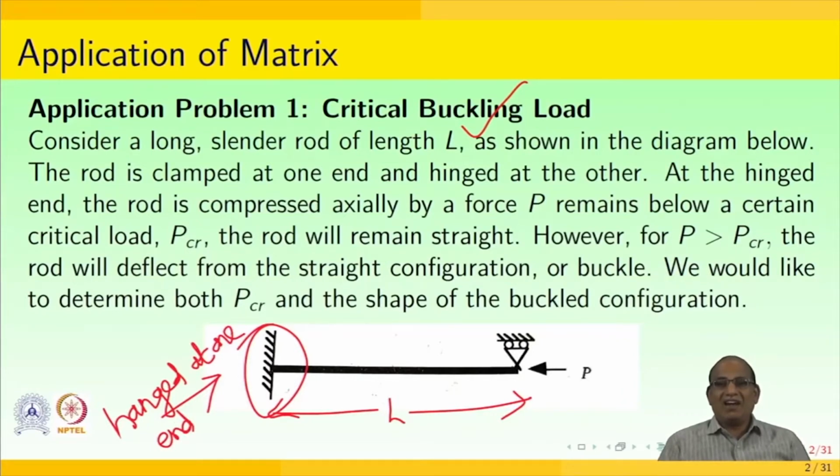At the hinged end, the rod is compressed axially by a force P. If P remains below a certain critical load, P critical, the rod will remain straight like this.